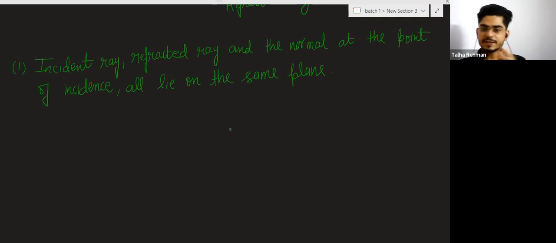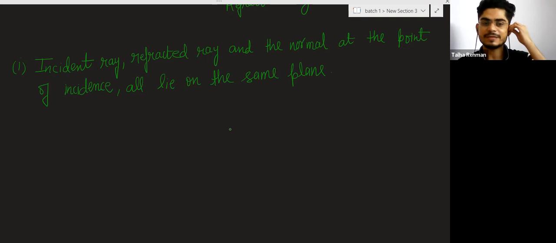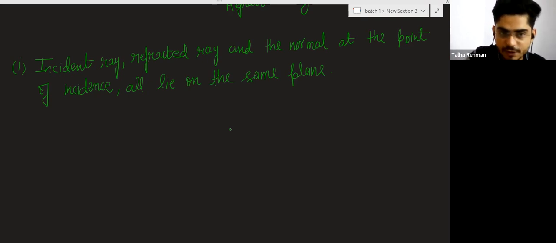So this incident ray, refracted ray, and normal are all lying on this plane. This is the first law of refraction. In reflection also we have the incident ray, reflected ray, and the normal at the point of incidence lying on the same plane.